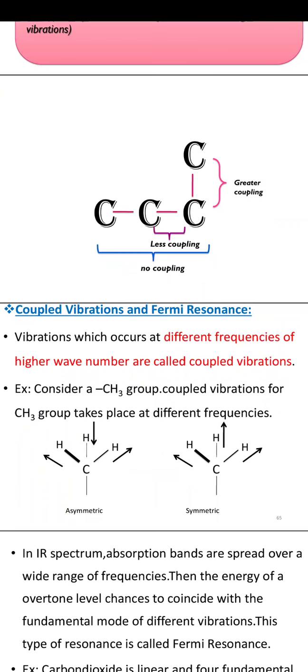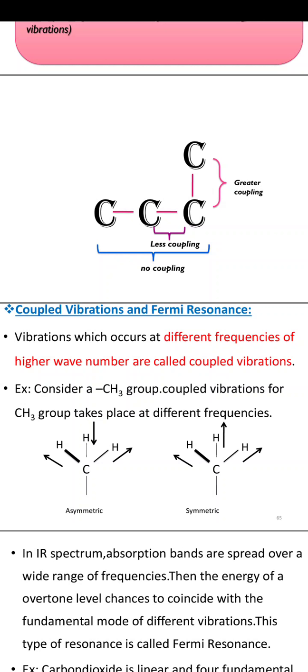Now coupled vibration and Fermi resonance. Fermi resonance is the combination of a fundamental vibration with overtones and combination peaks. Vibrations which occur at different frequencies of higher wave number are called coupled vibrations. This is an example of a methyl group, showing asymmetric and symmetric stretching.